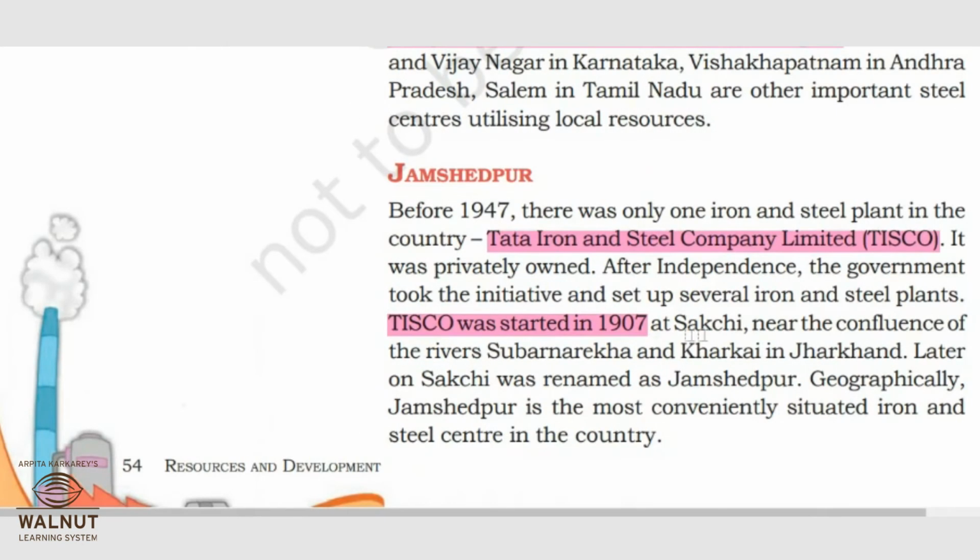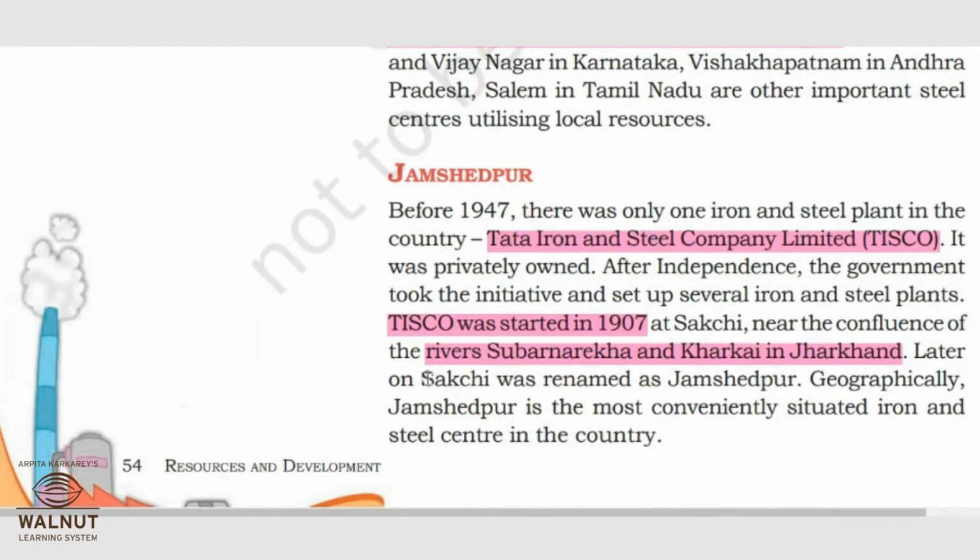What will be the advantage if this industry is opened near the rivers Subarnarekha and Kharkai in Jharkhand? This is in today's current state of Jharkhand. You can access water easily. Yes, waterway transport or the availability of water will always be there.